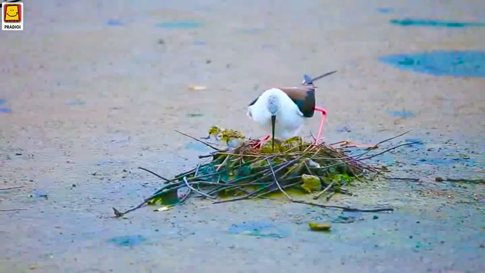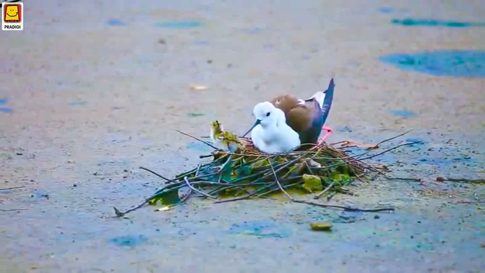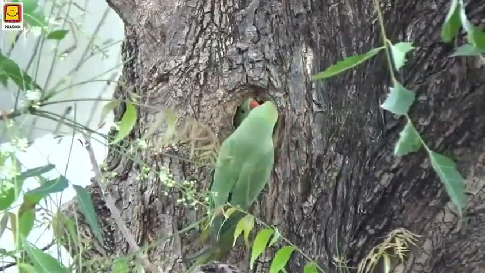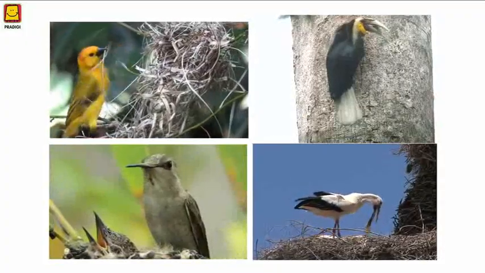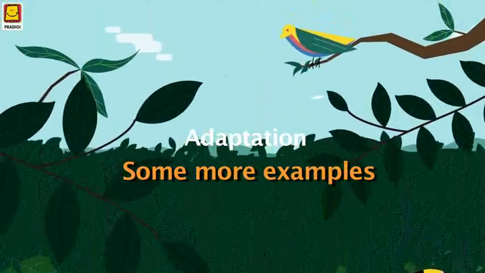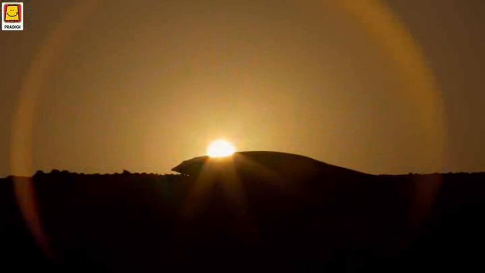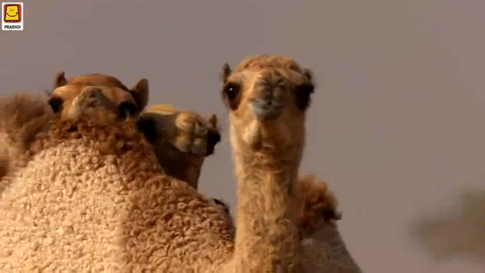Other examples of behavioral adaptations are the different types of nests that birds make to protect their eggs and young ones from predators, and their behavior of sitting on the eggs to hatch them. Some more examples to understand adaptation clearly. A camel is the most popular example of adaptation in desert regions.